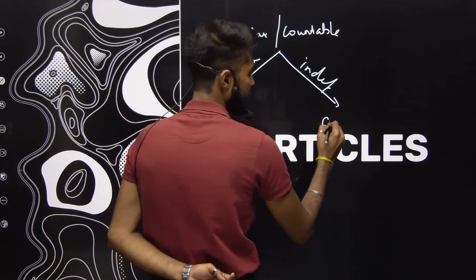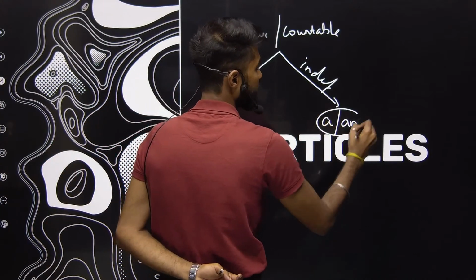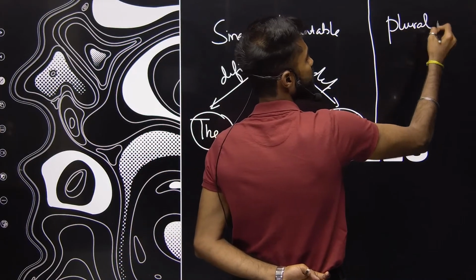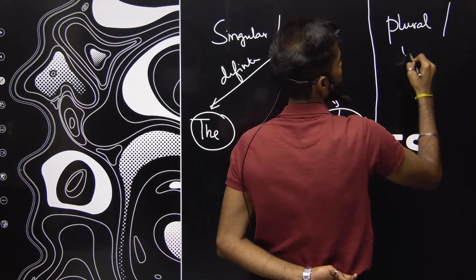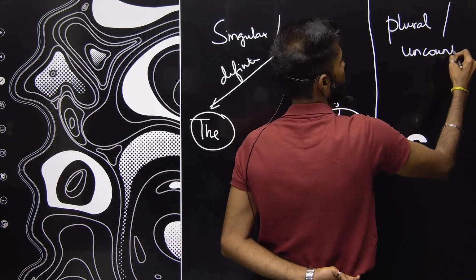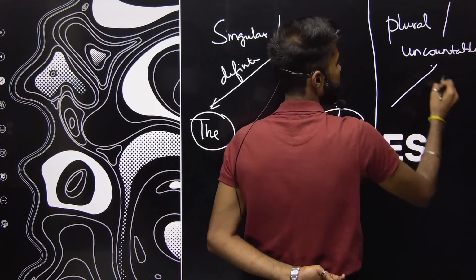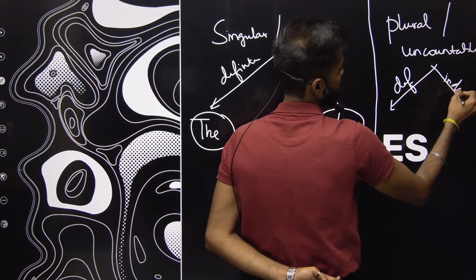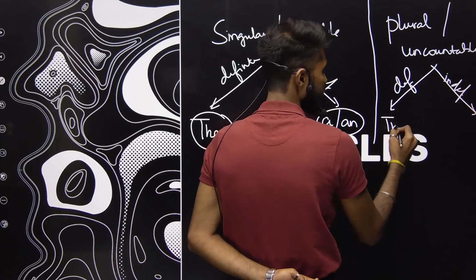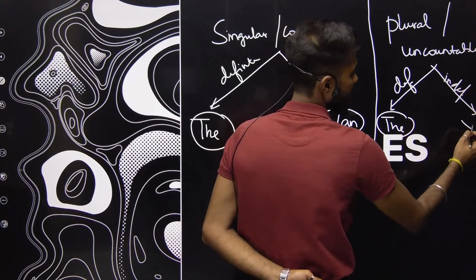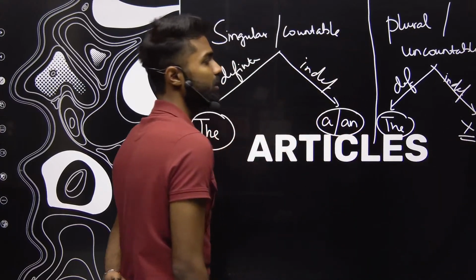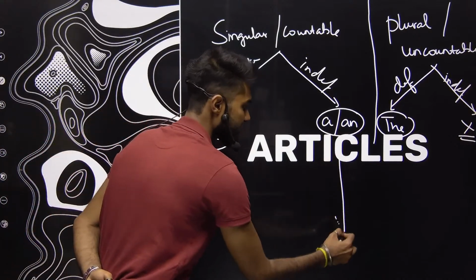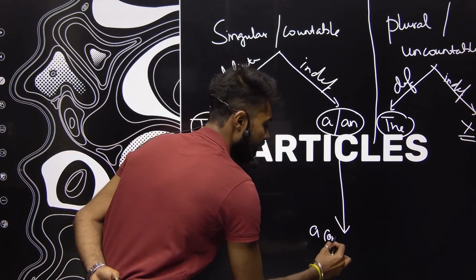If it is indefinite, then I'll be using a or an. Second case, if my noun is plural or uncountable, again this question: definite or indefinite? If definite, then I'll use the. If it is indefinite, no article. And today in this class, we'll be precisely dealing with where to use this a or an.